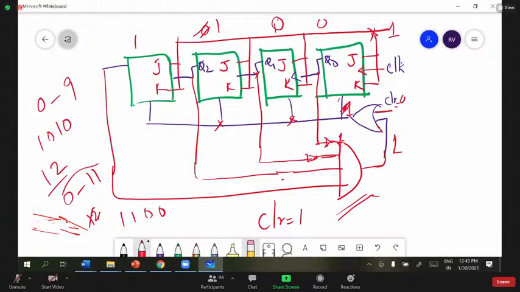It can count from 0 to 11. This is the mod 12 counter. Like this, you can design any counter using this concept.